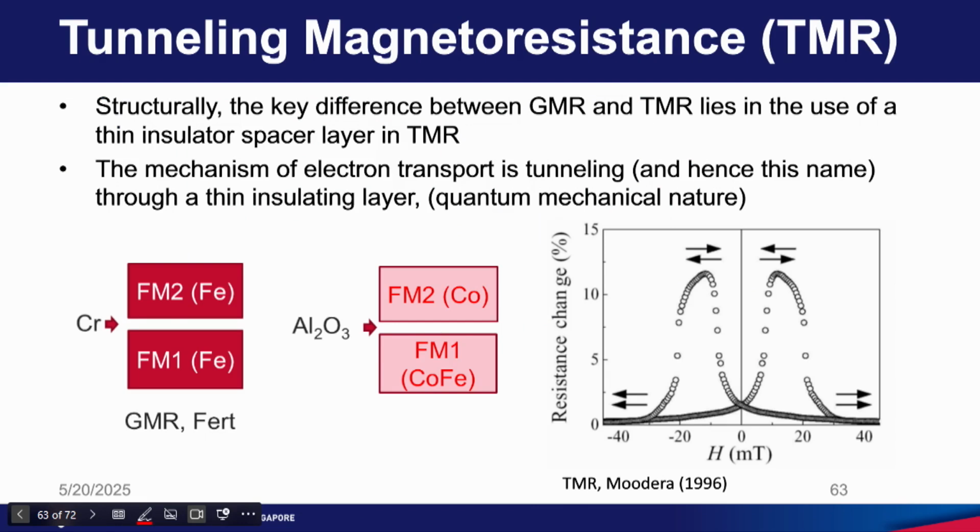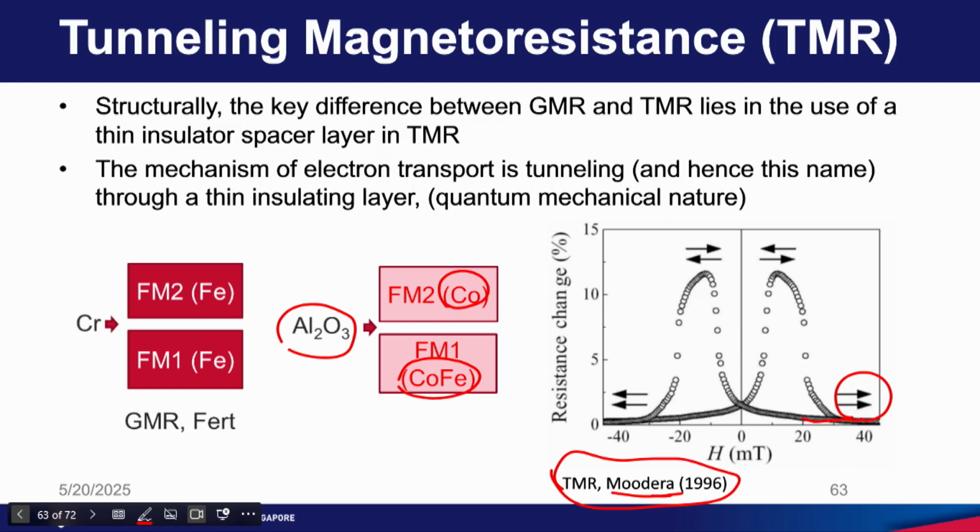In 1996, this group from MIT, led by one Indian scientist, Jagadish Mudra, used 2 layers of ferromagnetic material. One layer is cobalt iron, the second layer is cobalt, and he used aluminum oxide as the tunneling barrier. He observed that at high field the two magnetizations are parallel and the resistance is low.